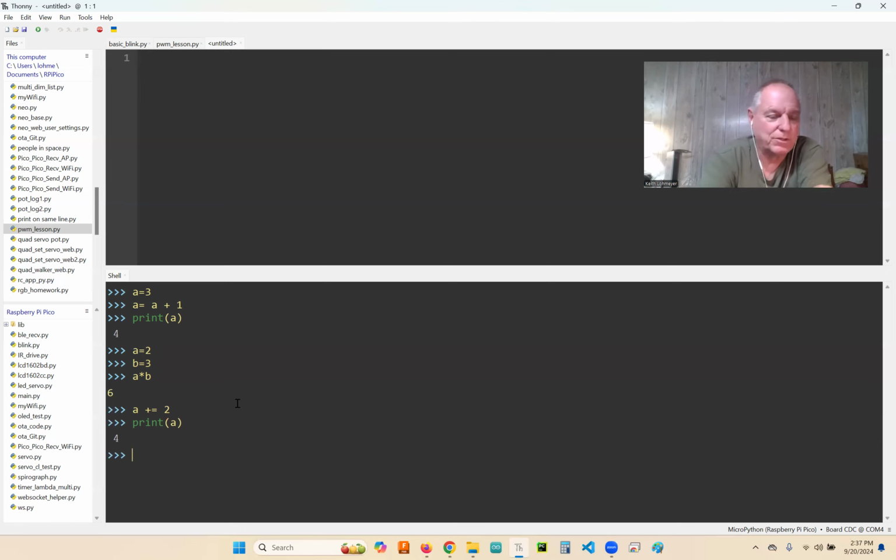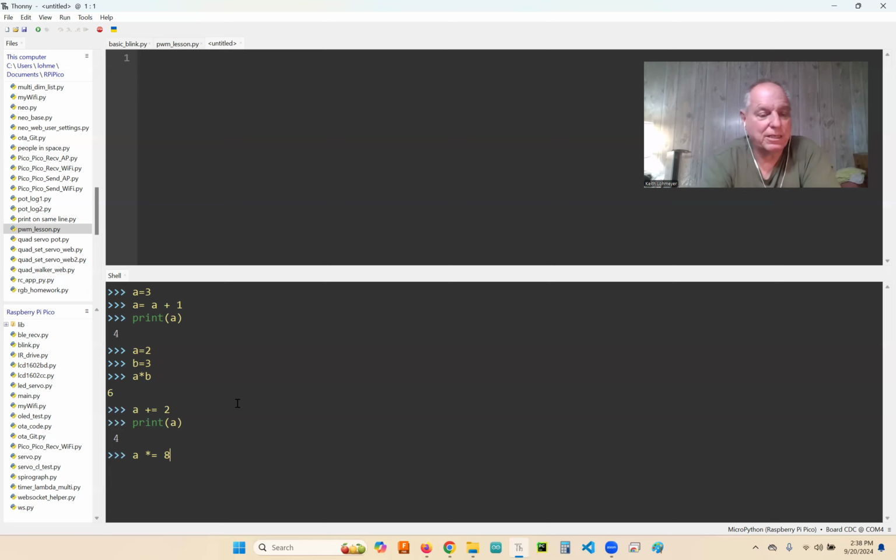You can do the same thing with multiplication, subtraction, and division. We'll just do a multiplication just to show that it works. So now we can say a times equals, and let's see, what do we want to multiply a by? It's 4 now, so let's say 8. 4 times 8 is 32.